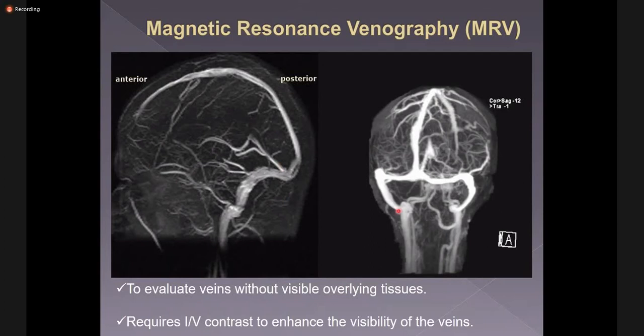In this, these are the internal jugular veins, which extend to the sigmoid sinus, transverse sinus, straight sinus, and this is the superior sagittal sinus, and this is the confluence of the dural sinuses.